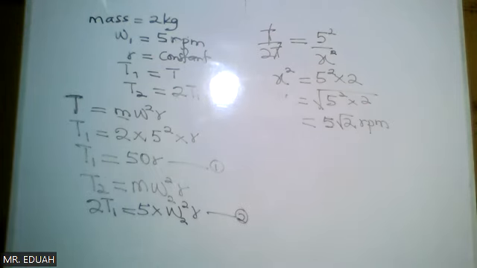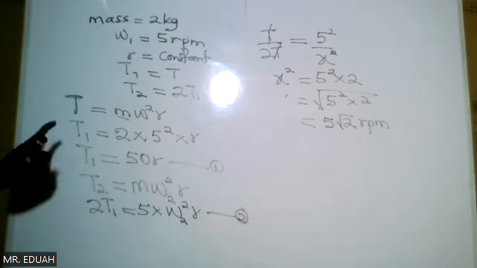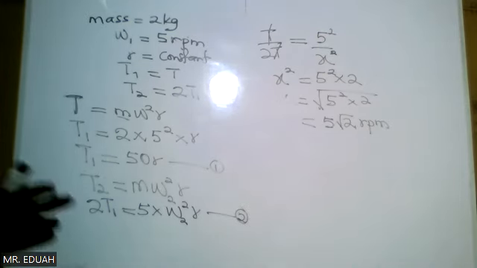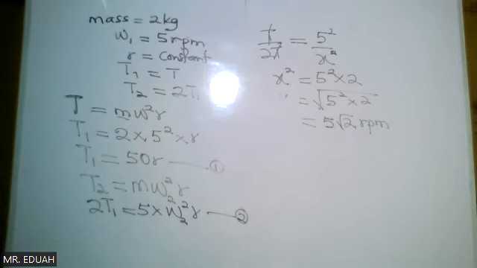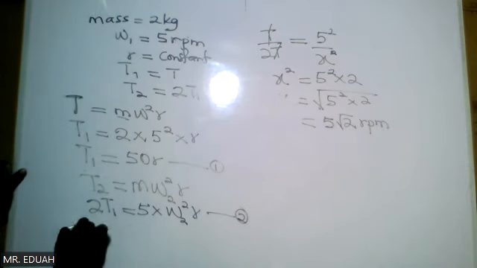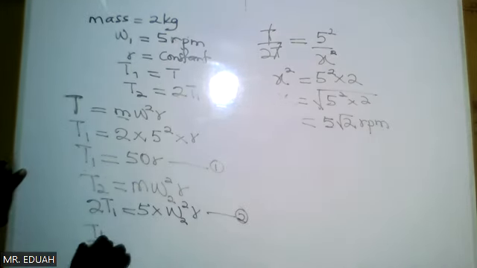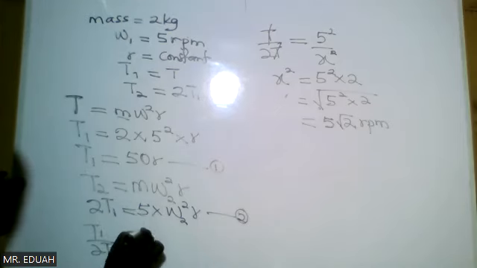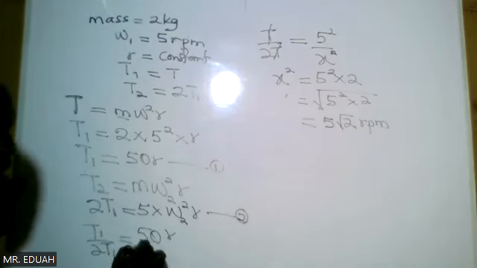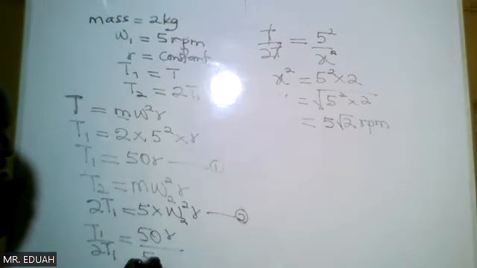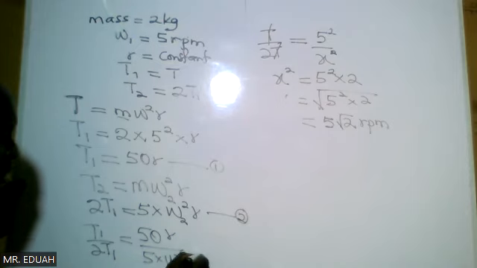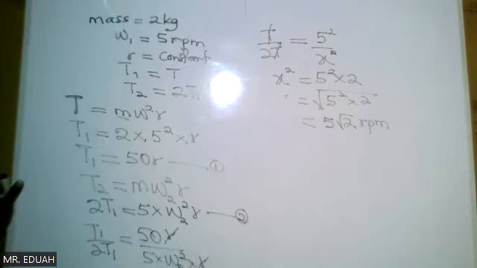Okay. Now, divide equation 1 by equation 2 because we are looking for the angular velocity or angular speed when the tension is double. So T1 over 2T1 is equal to 50R over 5 times omega 2 squared times R. So this and this will cancel.